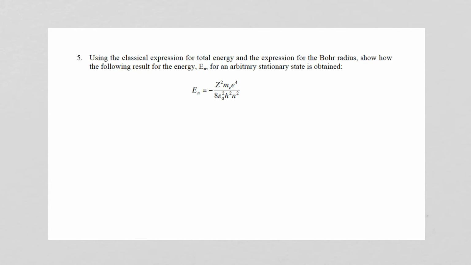Okay, so now we're on to using the classical expression for total energy and the expression for the Bohr radius we just got to show how we end up with the following result for the energy for an arbitrary stationary state in our system. Okay, so let's start with our classical expression.